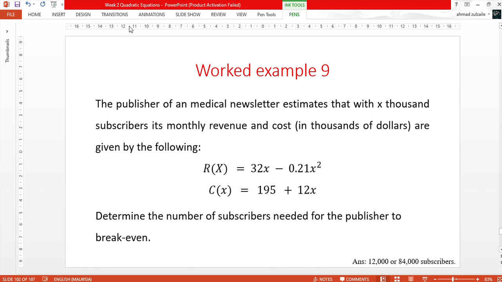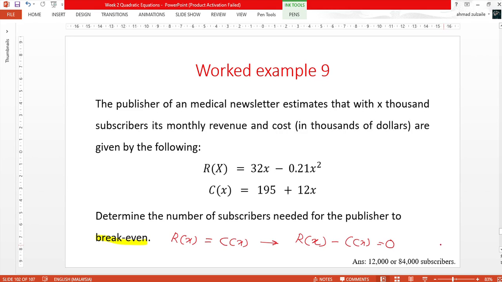Before we answer this question, you must understand the keyword. What does it mean by break even? Alright, so break even is when R(x), the revenue, is equal to the cost C(x). Or in other words, when you subtract the cost from the revenue, you will have 0.